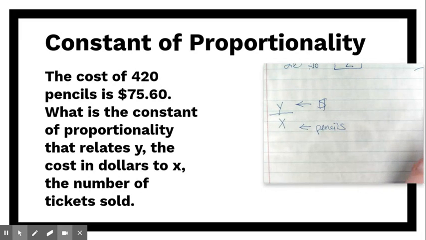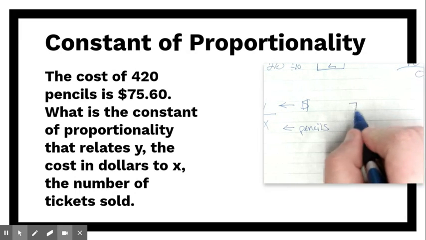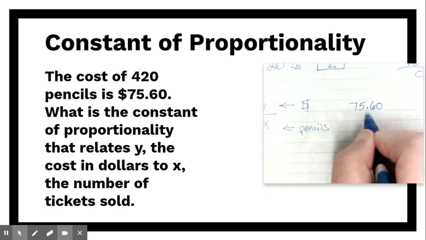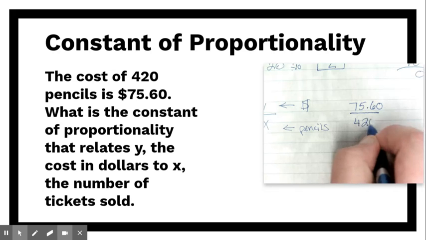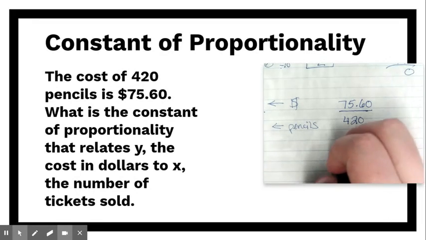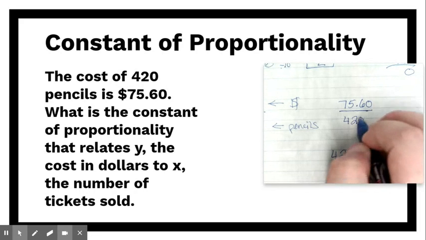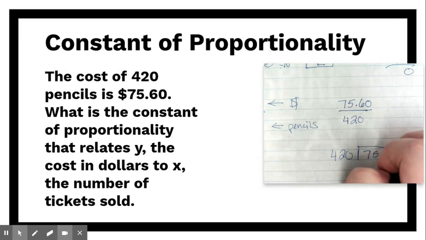So y is my dollars, $75.60, over 420 pencils. And we're going to solve: 420 goes into $75.60, top in, bottom out.